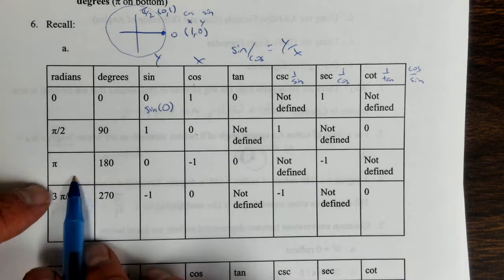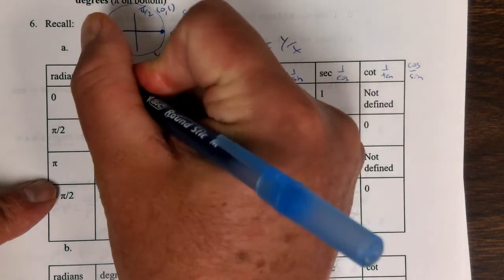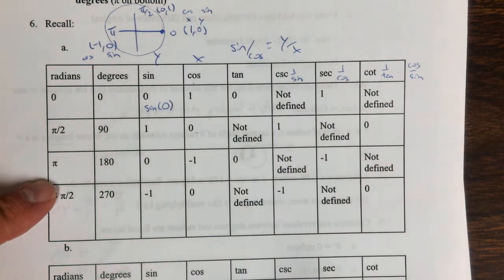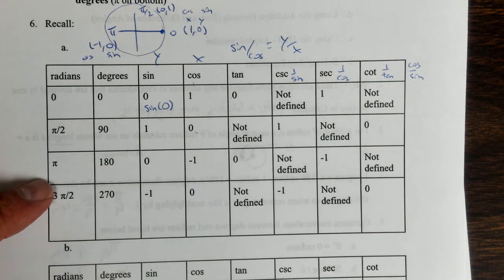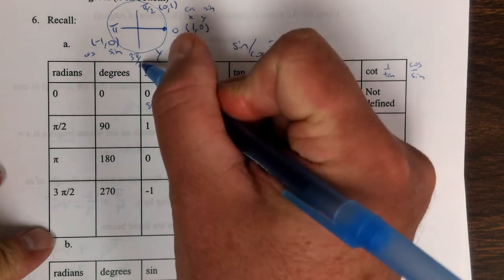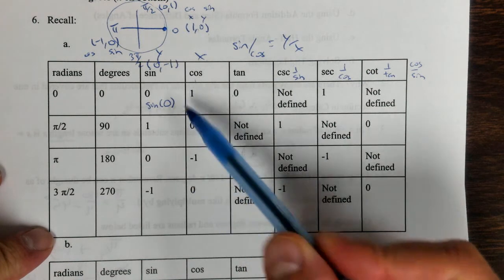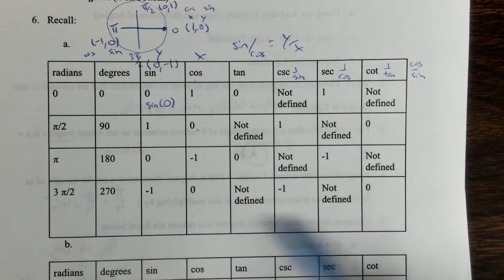Now when you're at pi, that's the ordered pair negative 1, 0. So your cosine would be negative 1, your sine would be 0. And for 3 pi halves, that's this one, where it's like 0, negative 1. So your cosine is 0, your sine is negative 1, and then there's the rest.